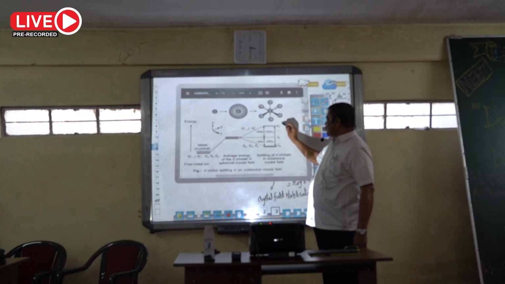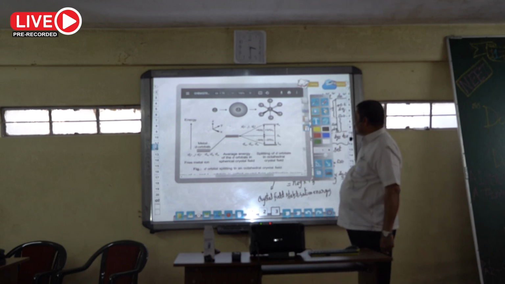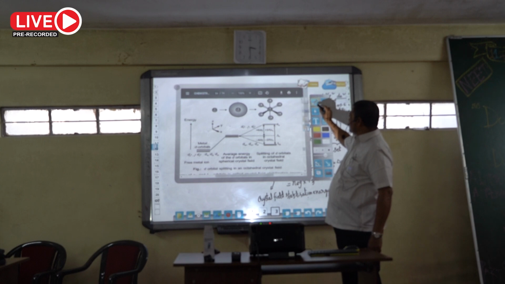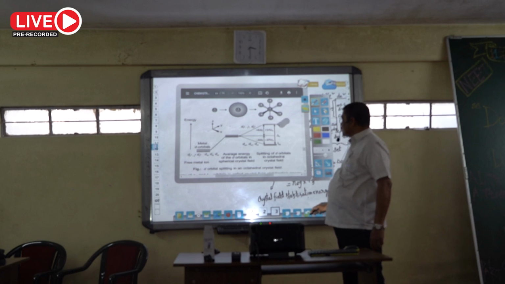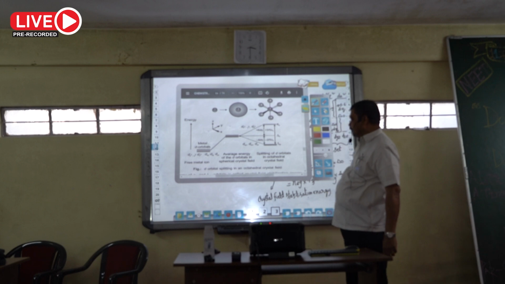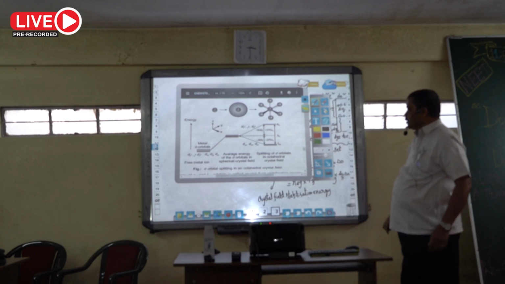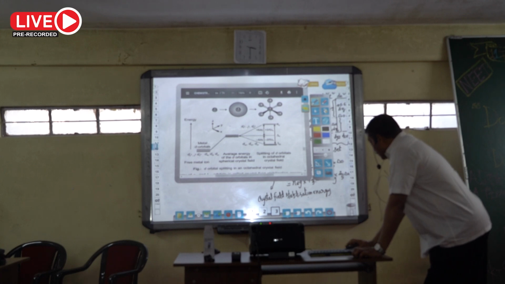One is EG set, the other is T2G set. This is easy. The lower one is T2G. Some important points are there, we will do it.